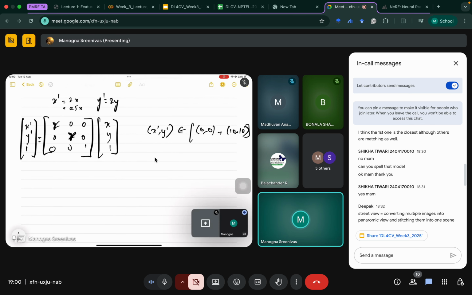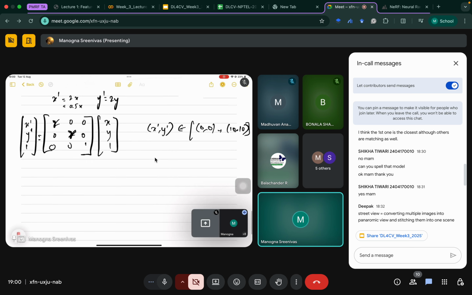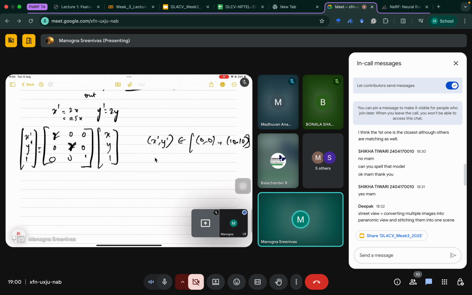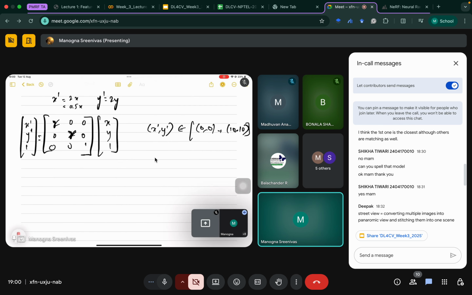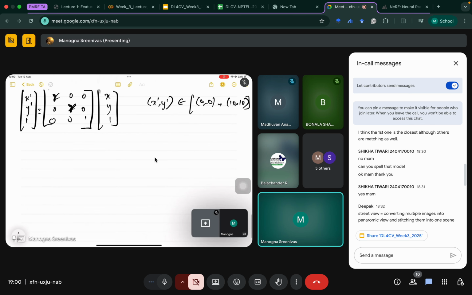So I have done scaling, and now I would want to do rotation. This is my second step, right? I have got my scaled coordinates, which is x prime, y prime, 1. Now I would do the normal rotation matrix, right? Cos theta, minus sin theta, 0; sin theta, cos theta, 0; 0, 0, 1.